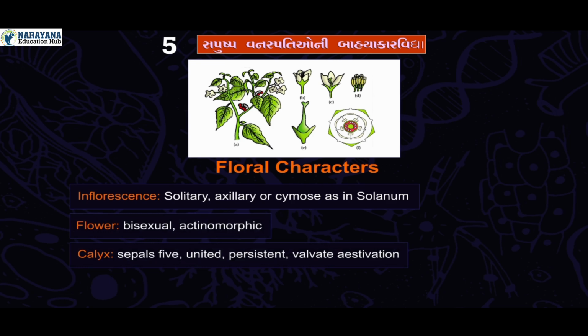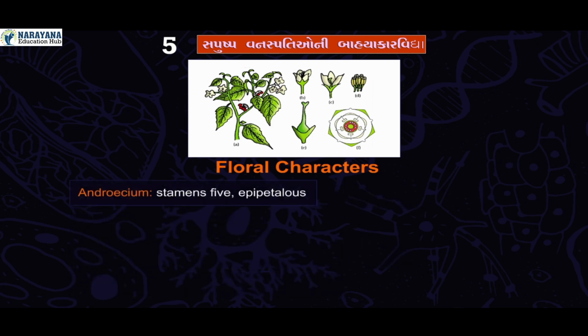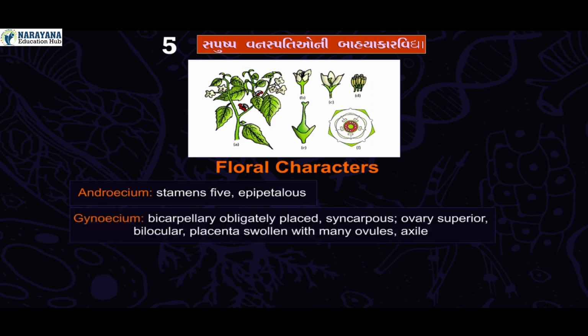Calyx sepals 5, united, persistent, valvate aestivation. Corolla petals 5, united, valvate aestivation. Androecium stamens 5, epipetalous. Gynoecium bicarpellary, obliquely placed.